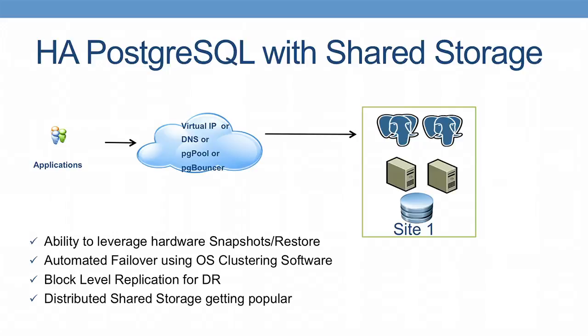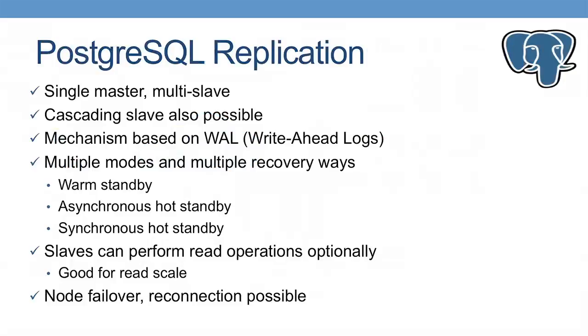The second benefit Postgres replication gives you, which shared storage cannot, is read scaling. If you have a read-heavy workload, you can offload some of the reads to the replicas. And by having multiple read replicas, you can scale up your workload accordingly. So there are definitely benefits of using replication over shared storage.